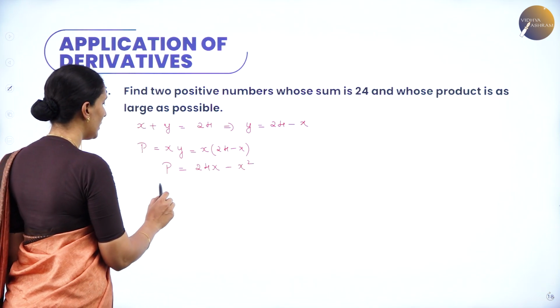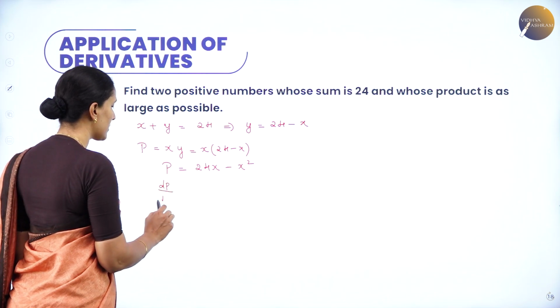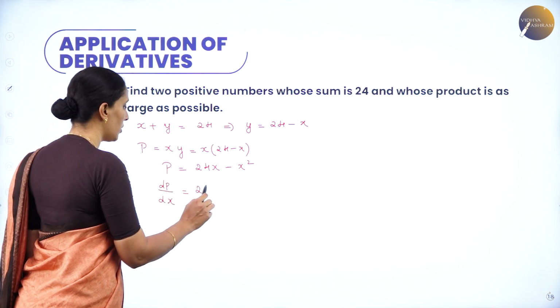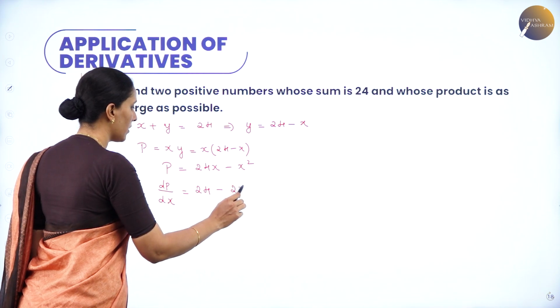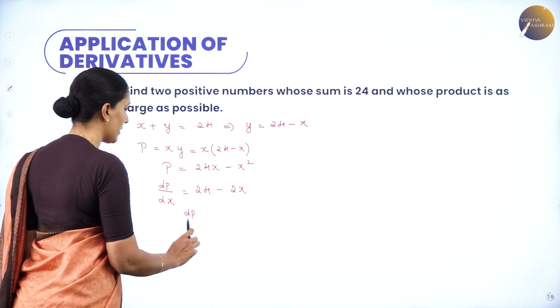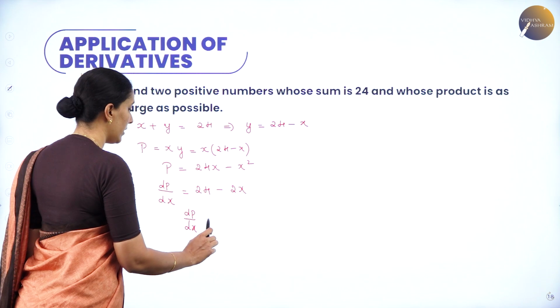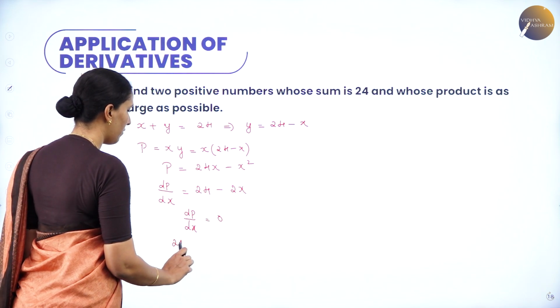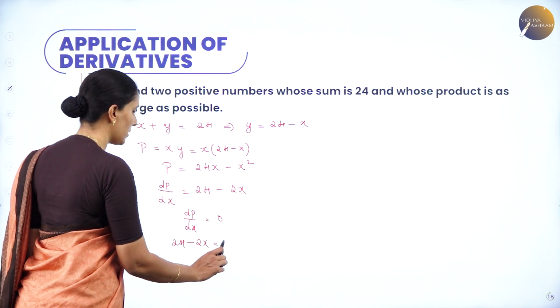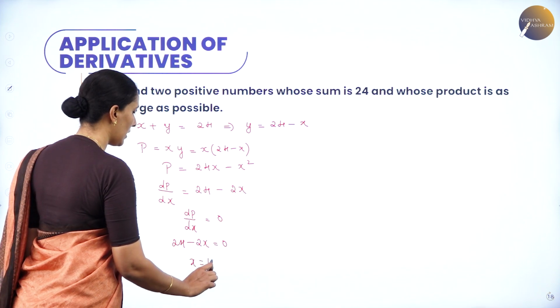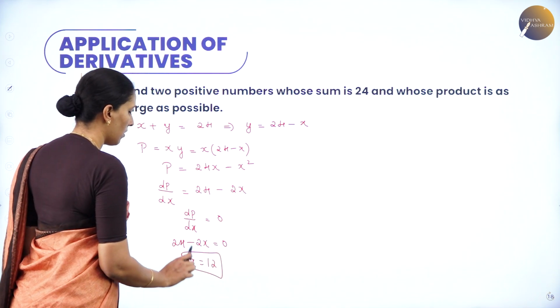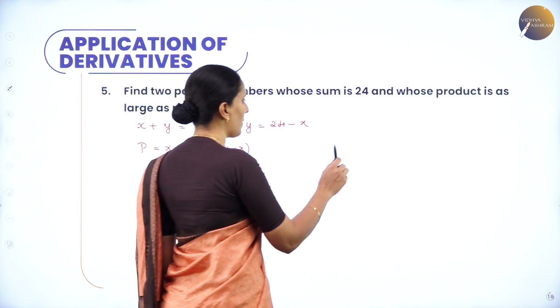Now let's find dp by dx. So that is 24 minus 2x. If we put dp by dx is equal to 0, then 24 minus 2x is equal to 0. So we will get x is equal to 12. Now let's show that it attains maximum.